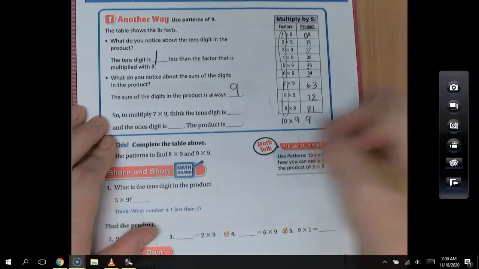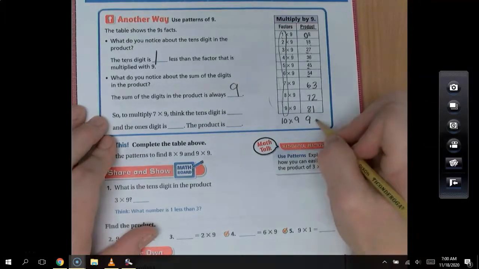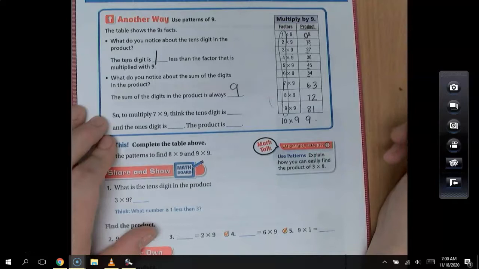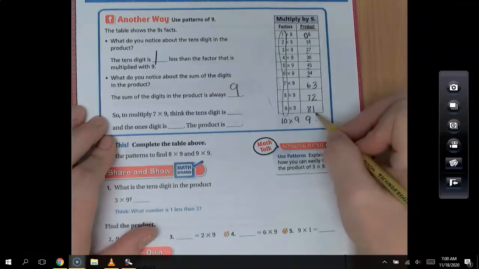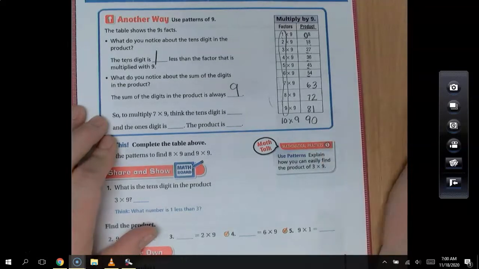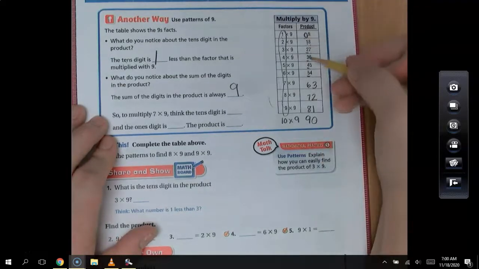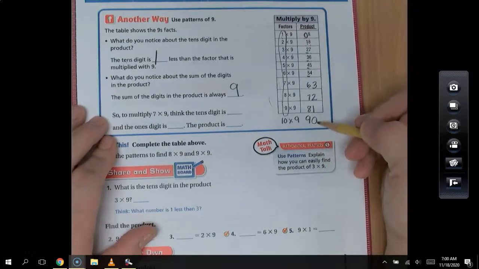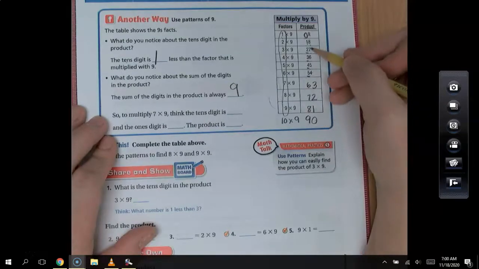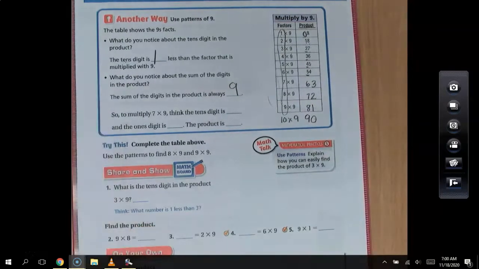A 9. What's going to be in my ones place? Well, I know my product, when I add it together, it has to be 9. And if I look at my other pattern going backwards, it'll be a 0. So look, 0, 1, 2, 3, 4, 5, 6, 7, 8, 9. And then I go backwards in my ones place. 0, 1, 2, 3, 4, 5, 6, 7, 8, 9. What do you think about that?